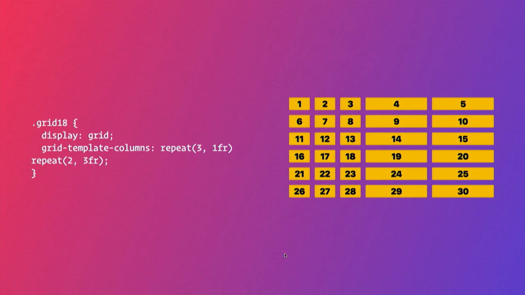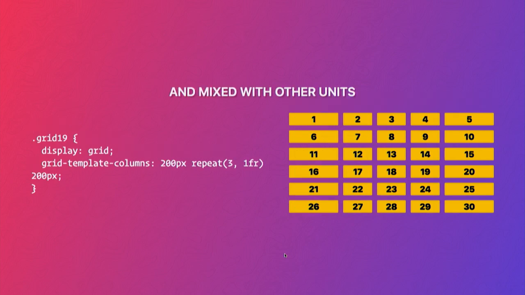So it still gives us our 5 columns, but I've used them together, just like a normal function where you'd be able to concatenate a couple of them together. You can mix it with other units. So start off with a fixed 200, then give me 3 1FRs in the middle, end off with another 200 on the right-hand side.